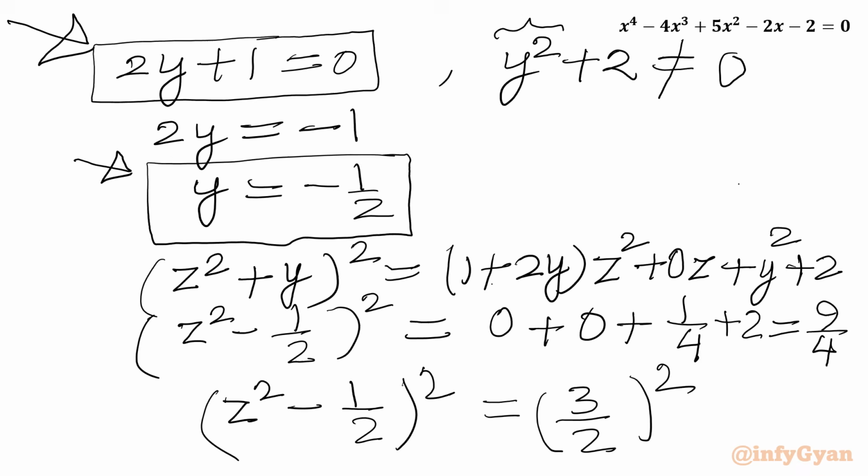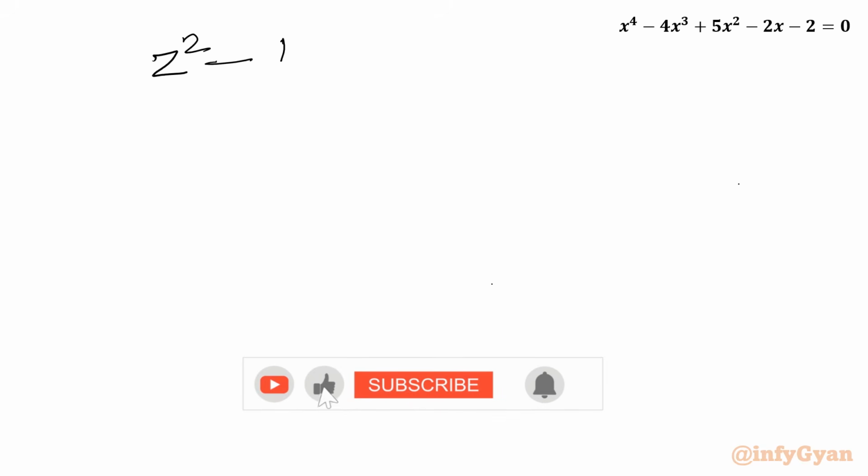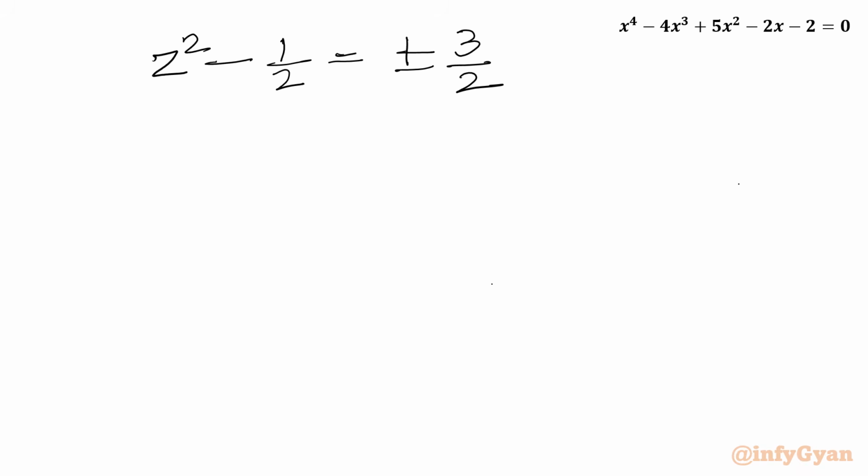Now we will take the square root of both sides and we will get z square minus 1 over 2 equal to plus minus 3 over 2. We'll add half to both sides. So z square will become half plus minus 3 over 2.